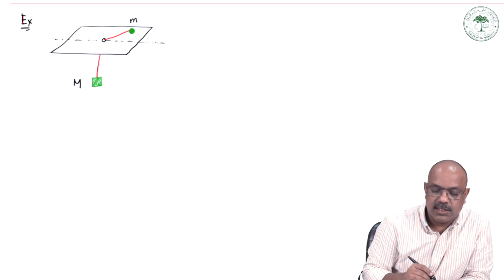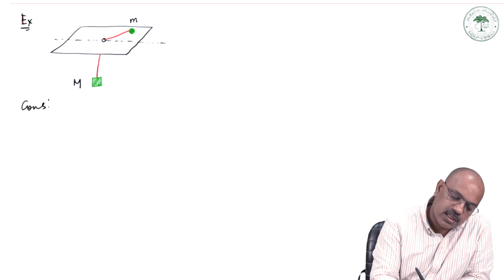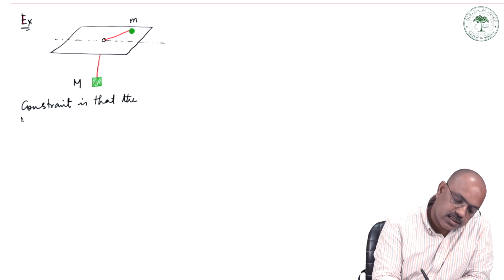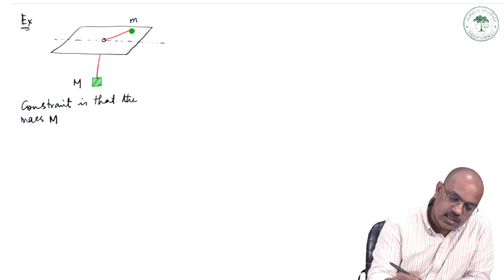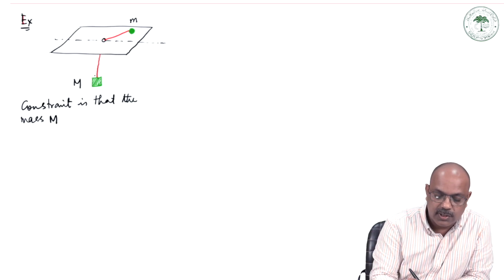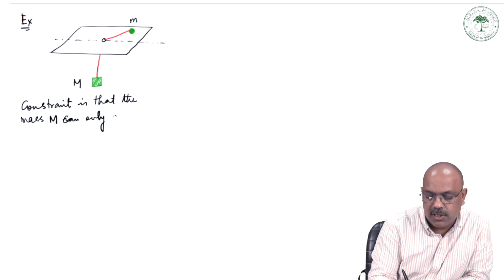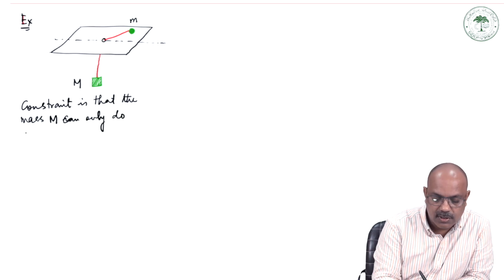So what is the constraint in this problem? The constraint is that the capital mass M, which is hanging down, can only do vertical motion.